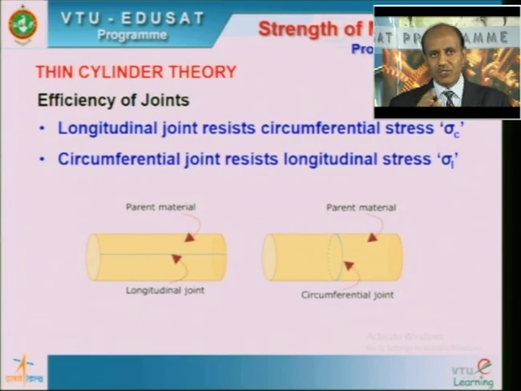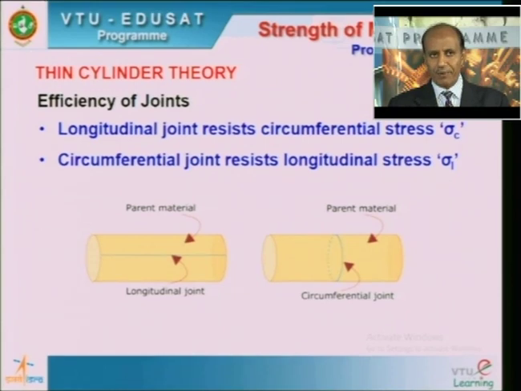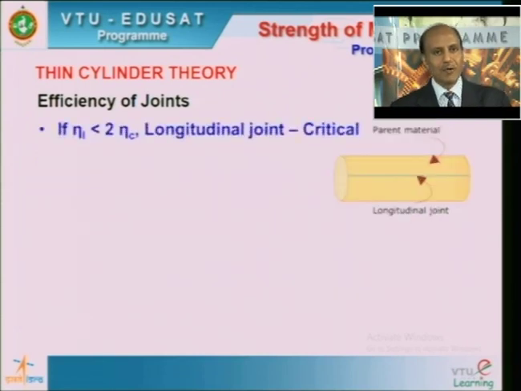Circumferential stress acts perpendicular to the longitudinal joint, and longitudinal stress acts perpendicular to the circumferential joint. We also discussed that circumferential stress is generally 2 times larger than the longitudinal stress. That makes us understand that the longitudinal joints should be stronger than the circumferential joints.